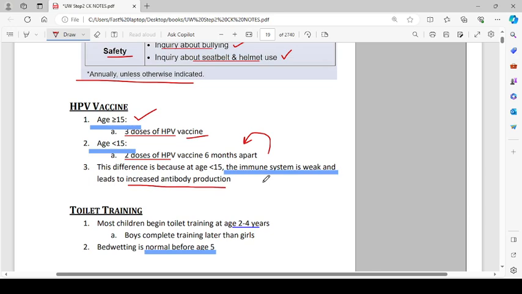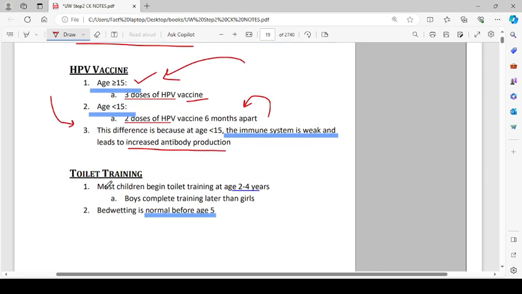Okay, if the immune system is weak, how does it lead to increased antibody production? The immune system is weak and tends to produce more antibodies to make it stronger? I don't know, it just does not make sense. The thing is that if the child is less than 15, you give only 2 doses of HPV. If the child is more than 15, then we give 3 doses.